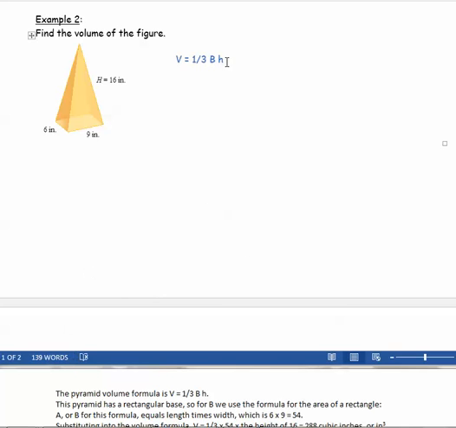So A, or B for this formula, equals length times width, which is 6 times 9, or 54.